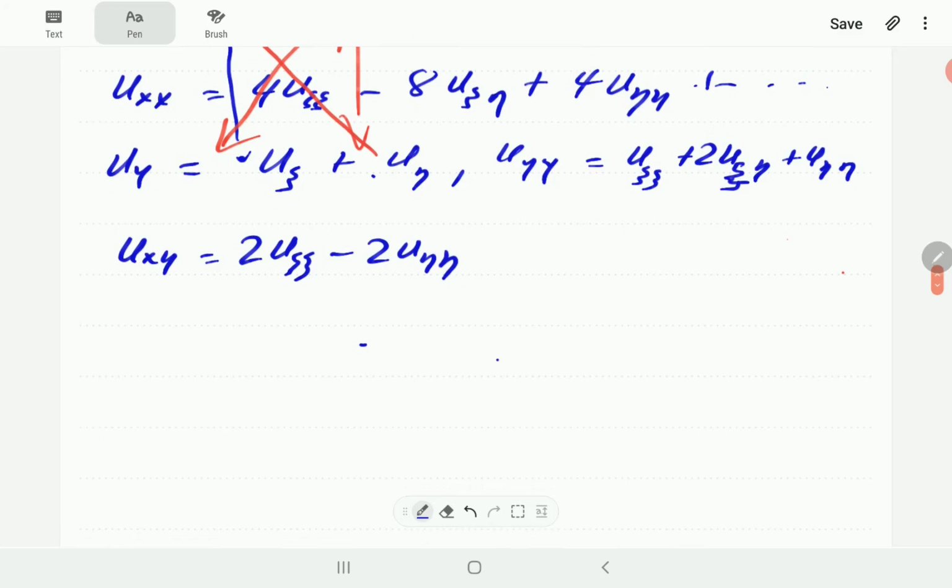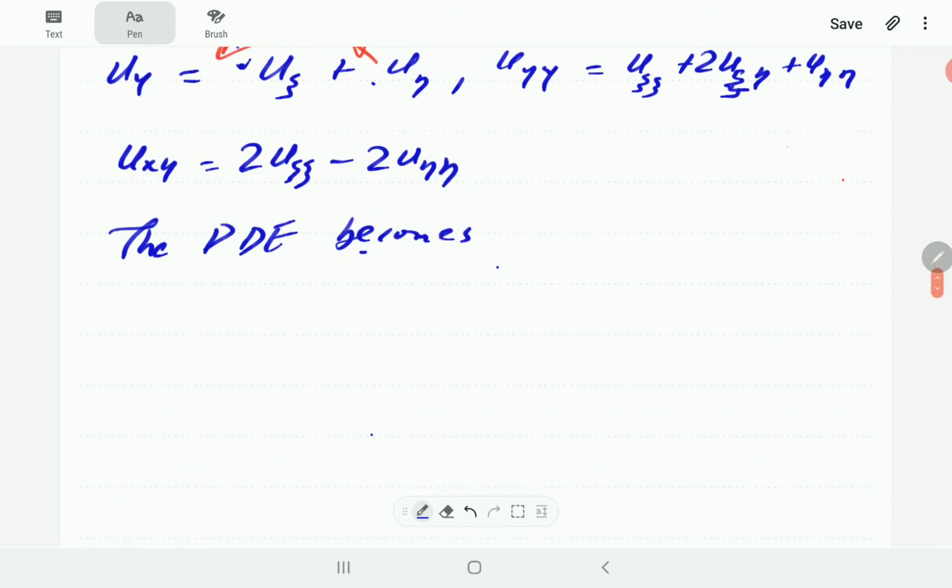Okay, so then we can substitute into the PDE. So the PDE becomes, the first term is u_xx, so it's going to be 4u_xixi minus 8u_xieta plus 4u_etaeta.